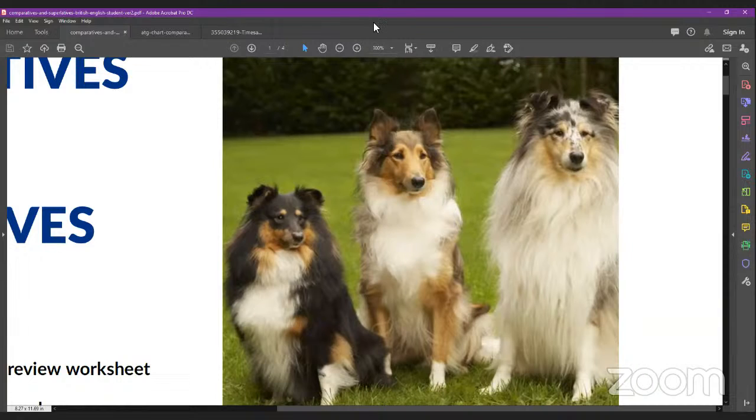Come on, guys, don't let me down, please. Look at these 3 little dogs and tell me an adjective for this picture, describing the dogs.